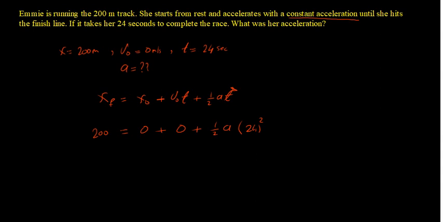Just by rearranging the formula, the acceleration equals 2 times 200 divided by 24 squared.